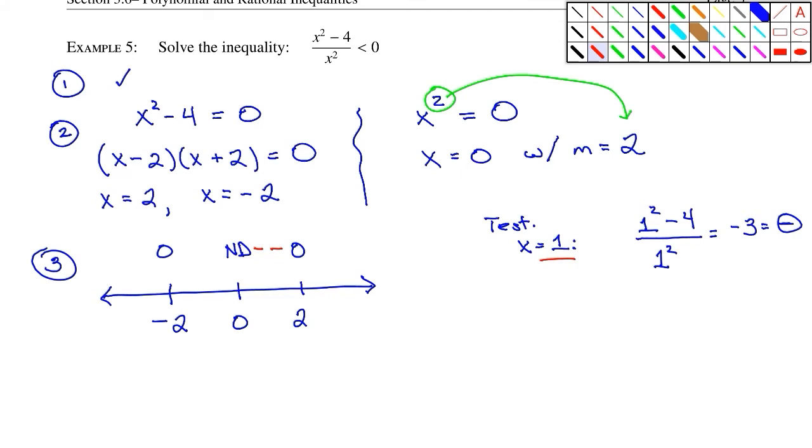And now I can use the rules for multiplicity. If I go from 0 to 2, and I cross the 2 here, because 2 had a multiplicity of 1, that's odd, and that means it changes. So it's going to be plus on the other side of 2. And then if I cross over where x is equal to 0, x equals 0 has a multiplicity of 2.